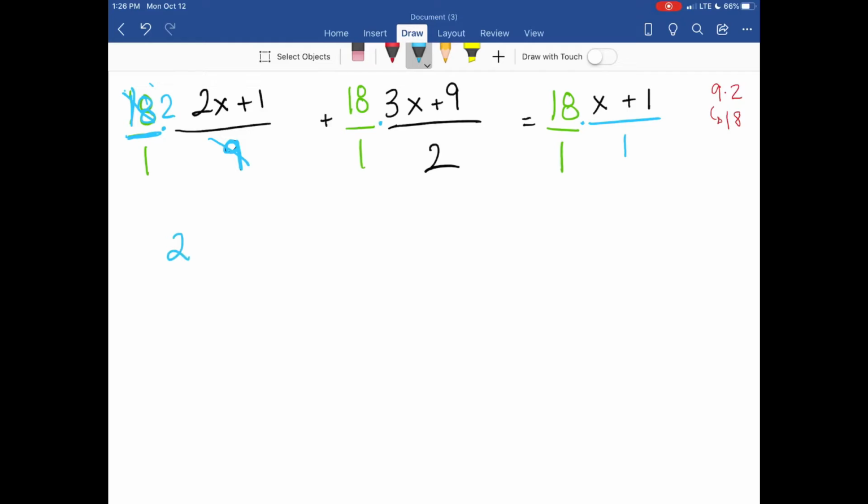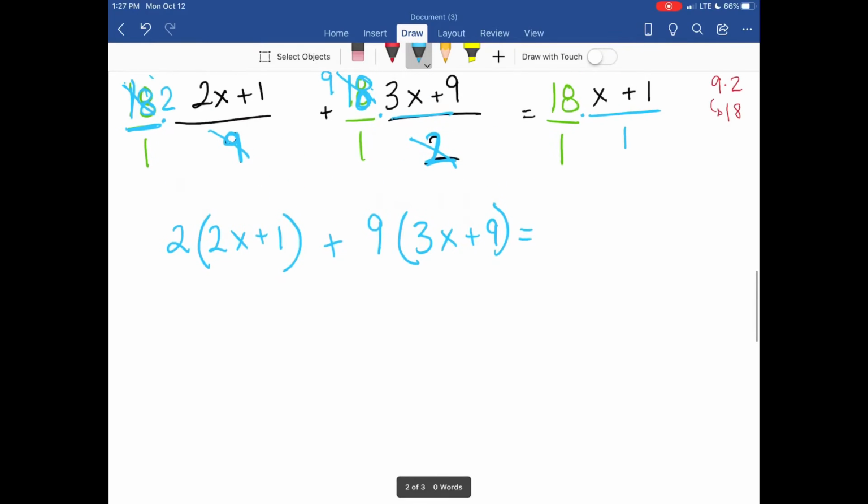So I can write this as 2 times, and don't forget, it's the quantity of 2x plus 1. Repeat that process for the second term. I have 18 in the numerator, I have 2 in the denominator. What is 18 divided by 2? 9. So now I have 9 times the quantity of 3x plus 9.